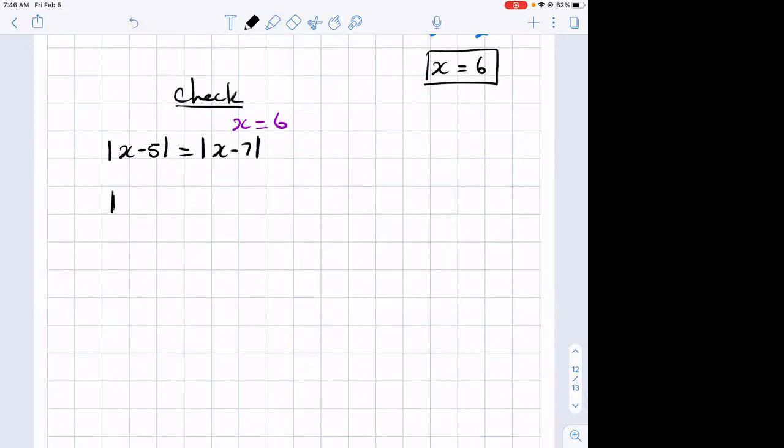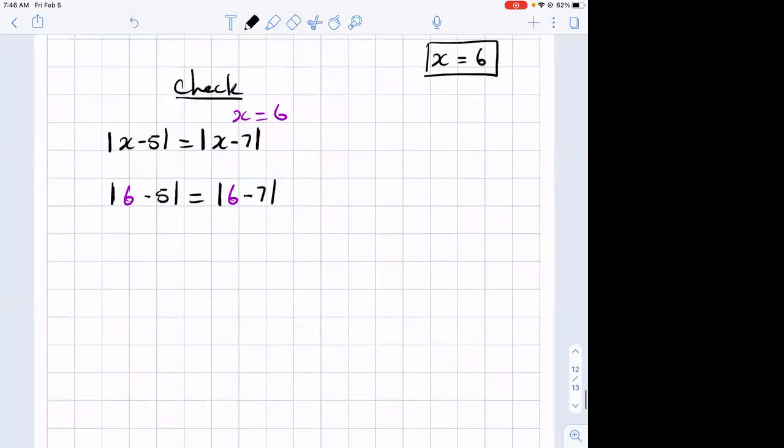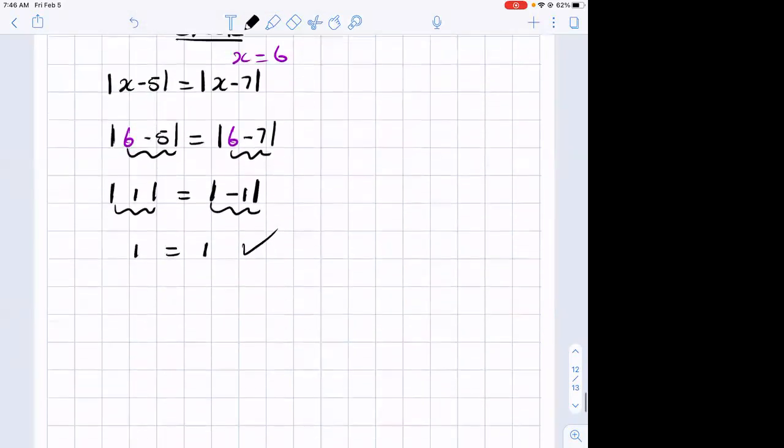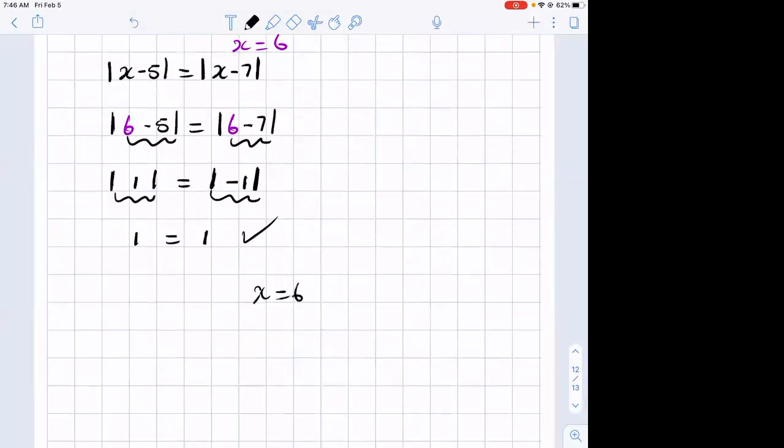So we have the absolute value, 6 minus 5 is equal to the absolute value of 6 minus 7. Well, if we simplify the inside, this becomes a 1. And if we simplify the inside here, this becomes a minus 1. And the absolute value of 1 is 1. The absolute value of minus 1 is 1, so this is true. So confirm x equals 6 is a solution.